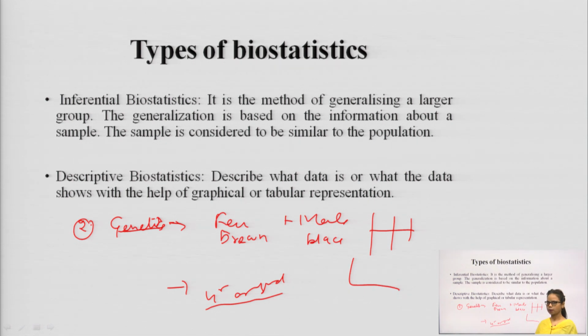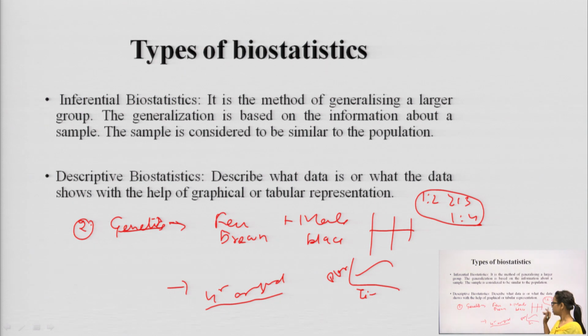If for example there is a dosage form and we have to check the bioavailability, we make plasma concentration versus time charts. We make different dosage forms like 1:2, 2:3, 1:4. So we check the bioavailability of these ratios by making biostatistics with the help of statistics.